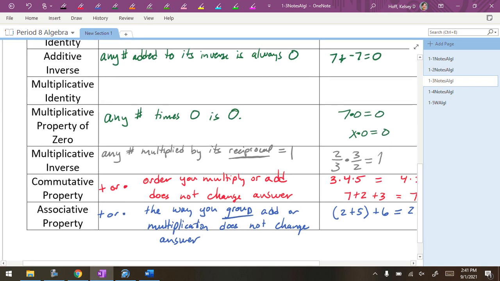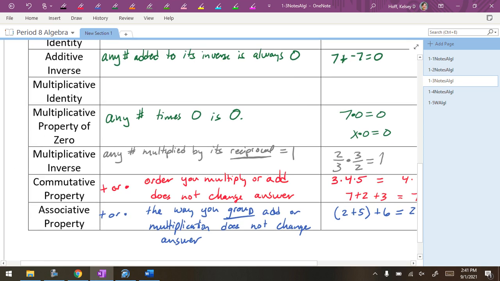So if I want to talk about the multiplicative identity, what could I multiply by that's not going to change what I started with? 1. The multiplicative identity states any number multiplied by 1 is equal to the original number.